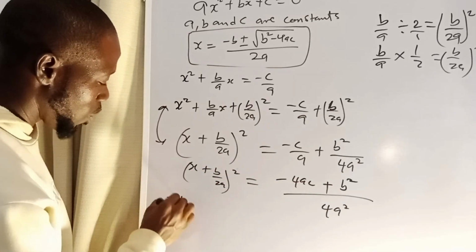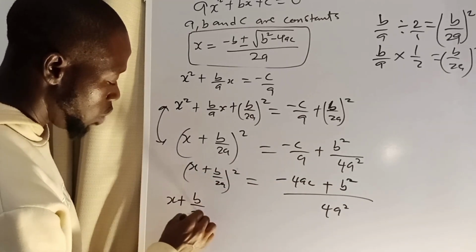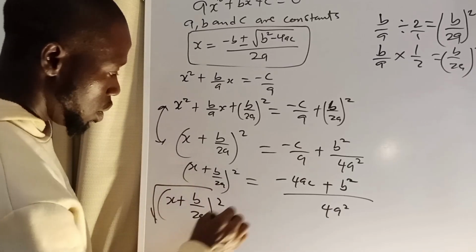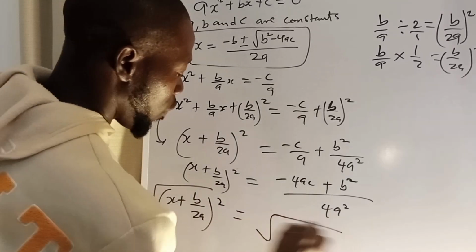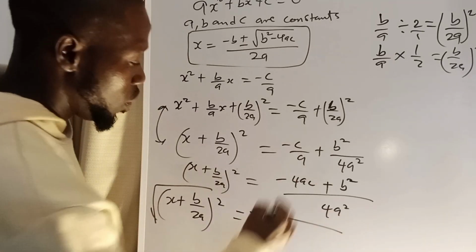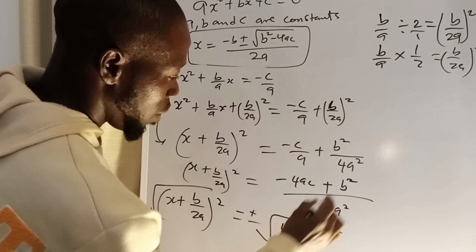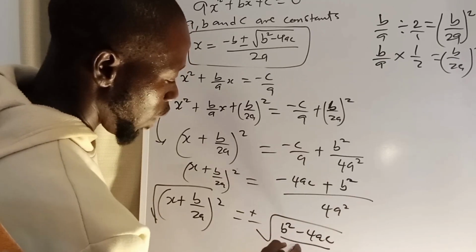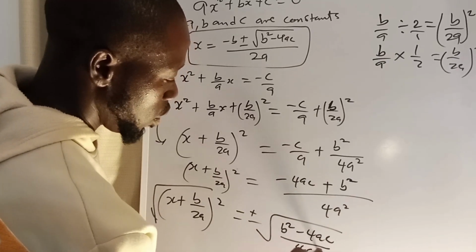So we have x plus b over 2a squared, square root of it, equals to square root of, we put plus and minus because square root is plus or minus, right? So you have b squared minus 4ac, just rearranging this, over 4a squared.